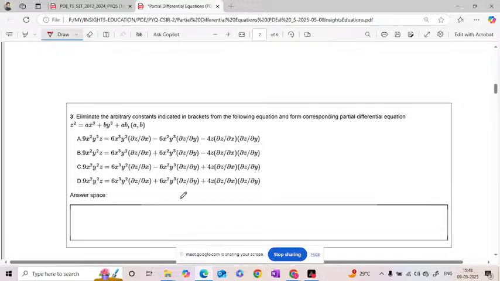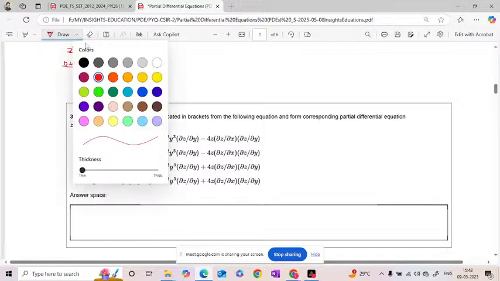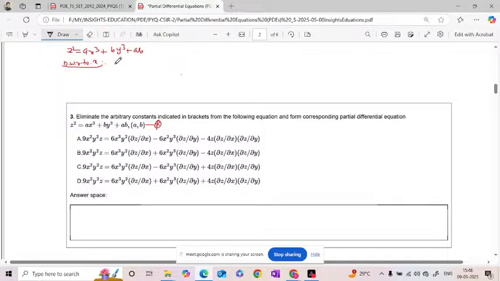So here first of all, this is the given equation, z square is equal to ax cube plus by cube plus a into b. After differentiating with respect to x, we'll get 2zp is equal to 3ax square plus 0 plus 0.